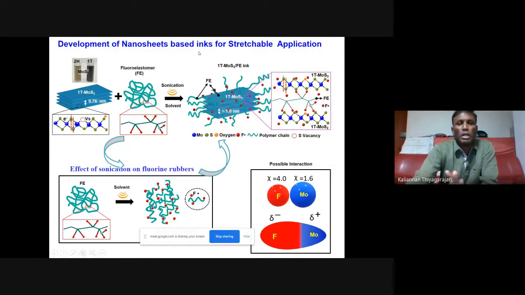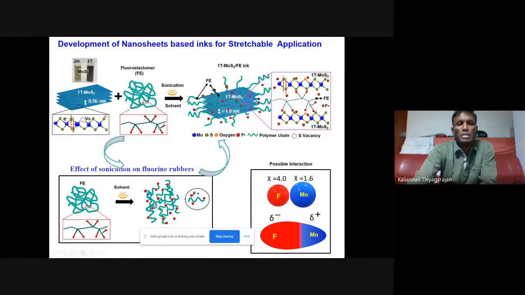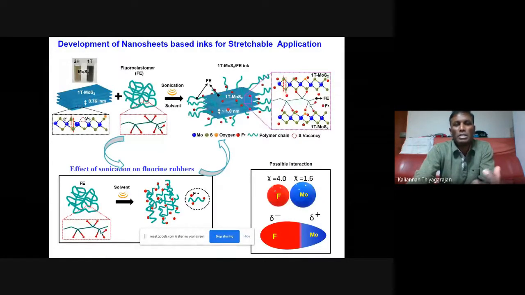If you are formulating an ink, then you have to choose your polymer very carefully, because the polymer plays a huge role to stabilize as well as endure the strain when you stretch. Here I was using some fluoroelastomer polymers. When I sonicated this fluoroelastomer polymer, it can break down like this.